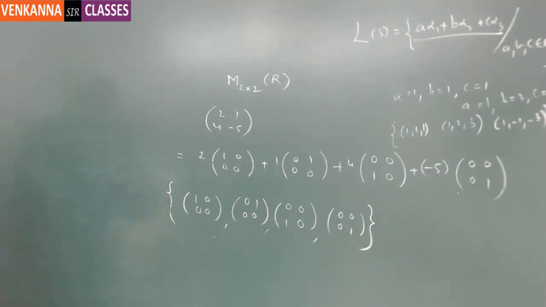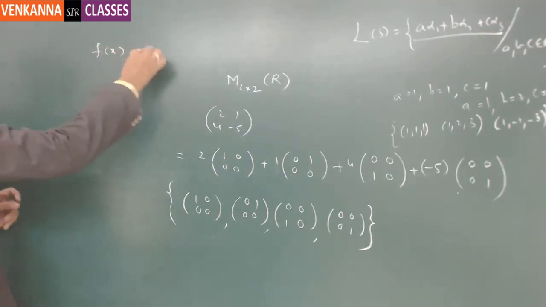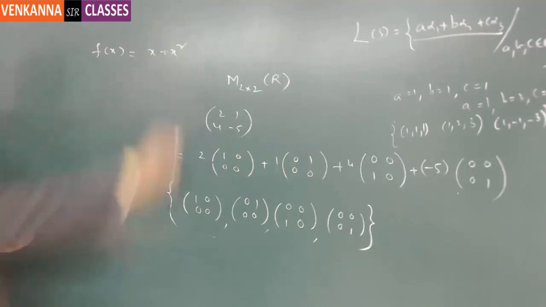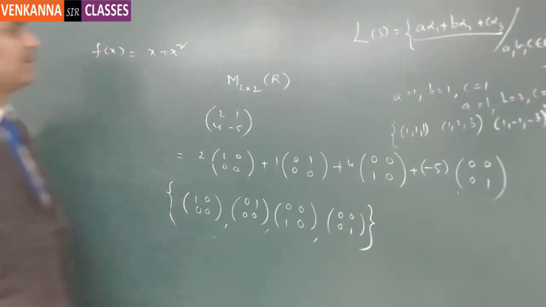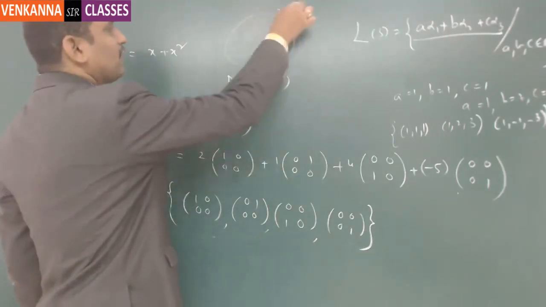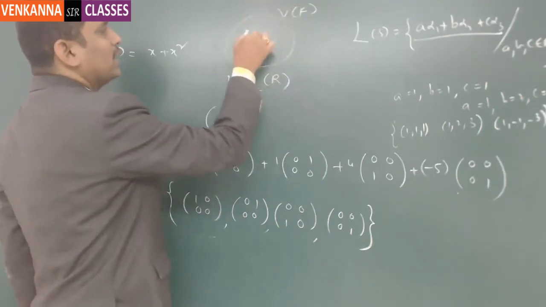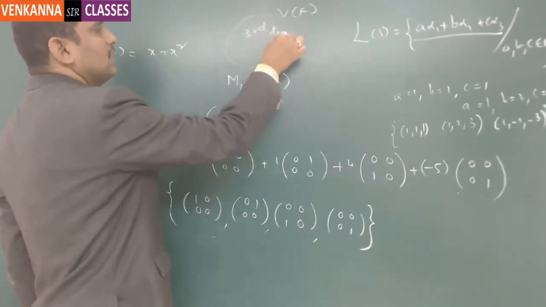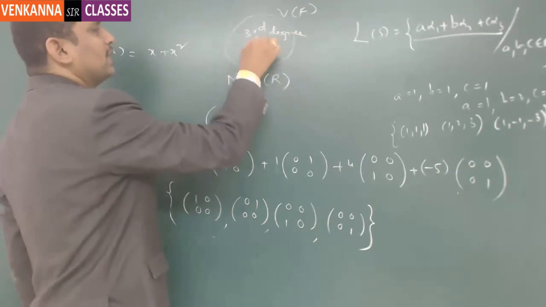Let me take one more small example. Suppose you have taken a polynomial, x plus x square. Let me say I have taken the vector space V of f, all polynomials up to third degree.